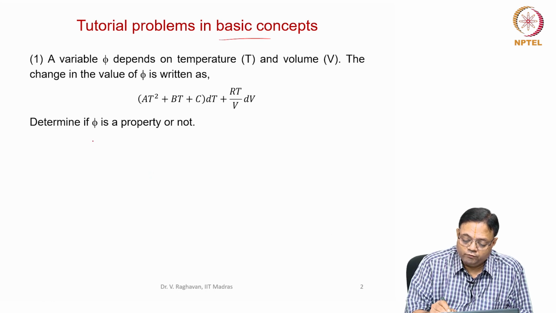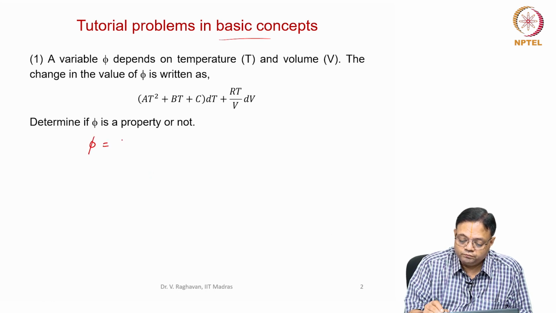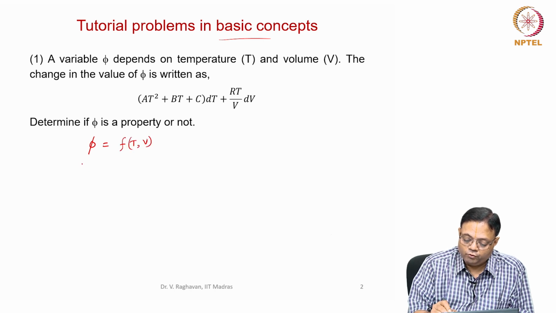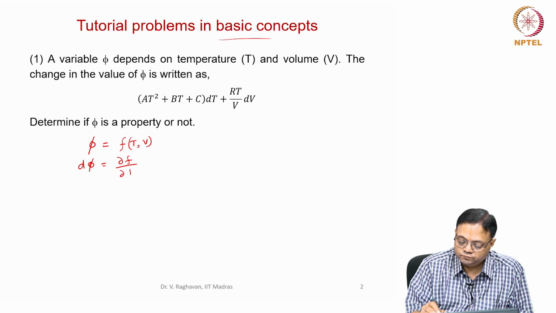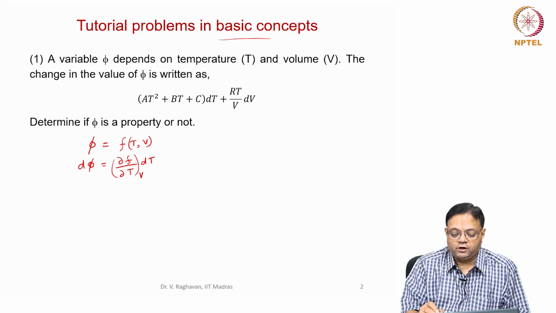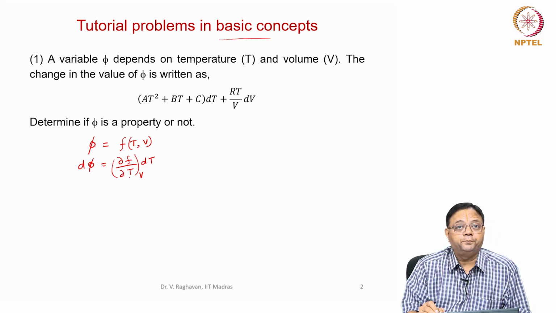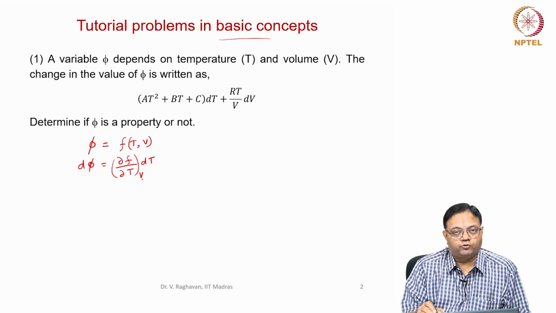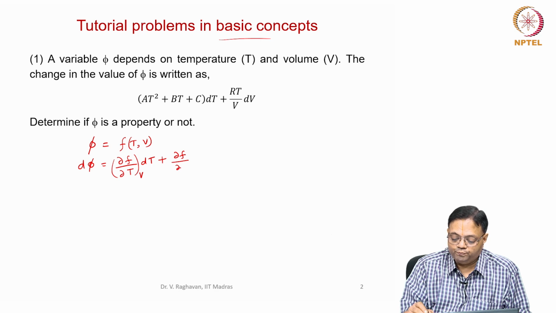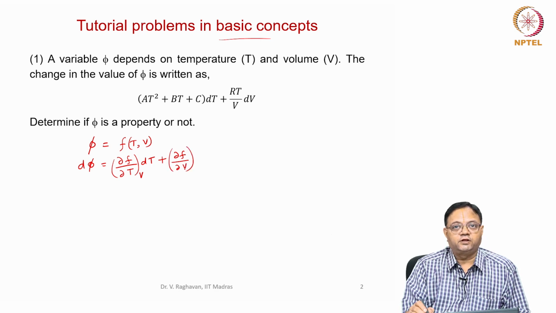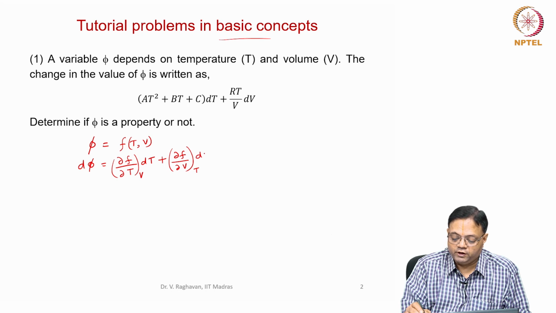So, phi depends on temperature and volume, so a change in phi can be written as the change of the function with respect to the temperature when volume is constant into dT, plus dou f by dou V, the change of function with respect to the volume when T is constant, into dV.